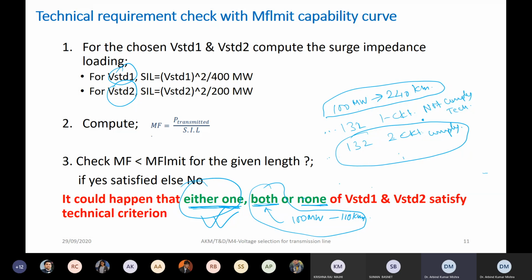But if both of these comply with the technical requirement, or none of them comply, then what to do? We will discuss this in the next class. Okay, with this today I would like to stop here.